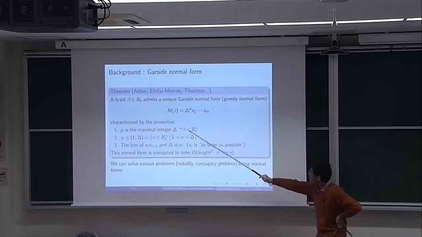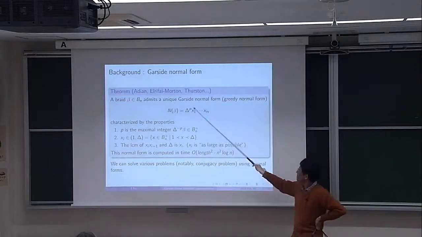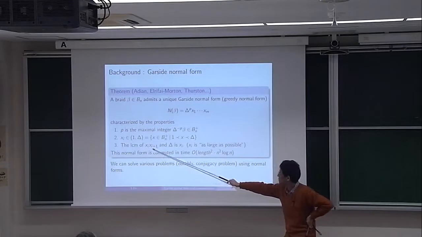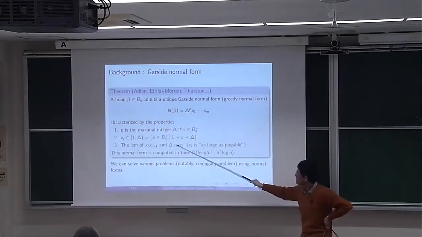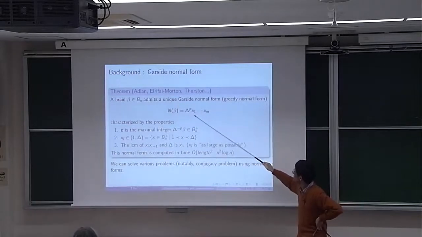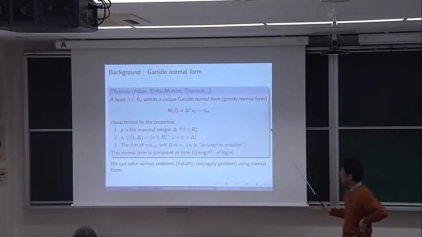A key feature of the definition of the Garside normal form is that in this part, the least common multiple of the consecutive product xi, xi plus 1, and the Garside element is xi. This means that in this representative, we take x1 as large as possible, then we take x2 as large as possible, and so on.